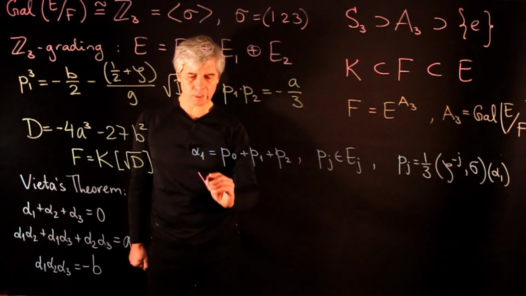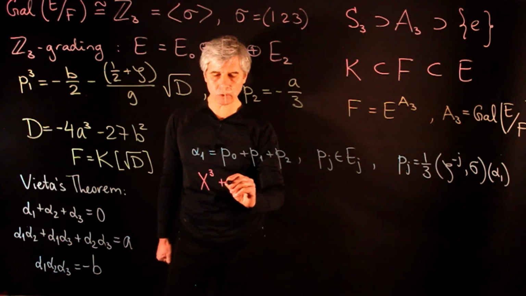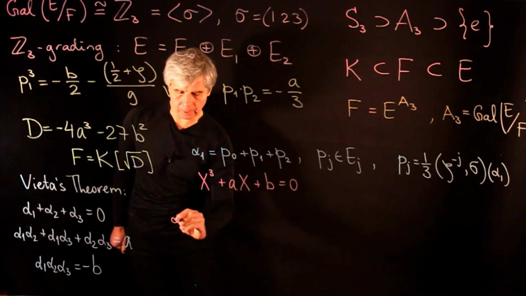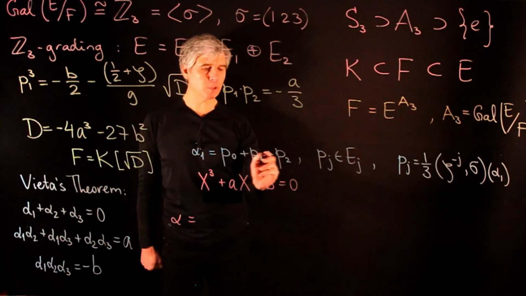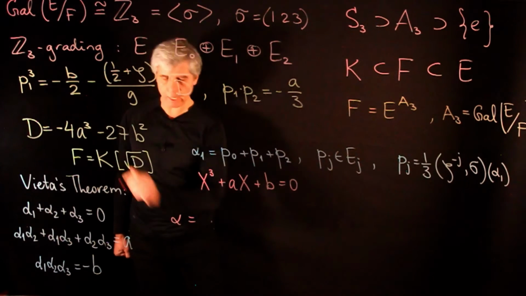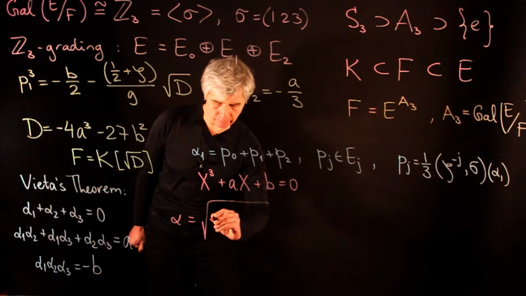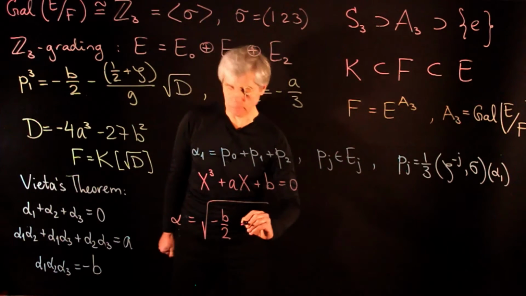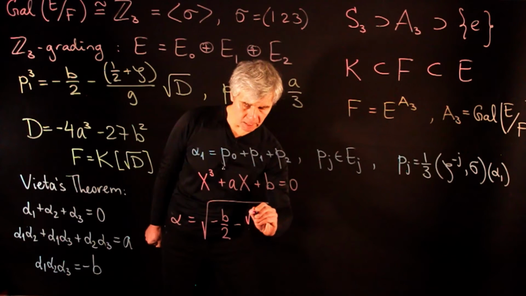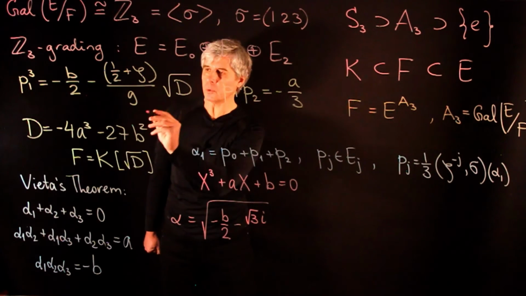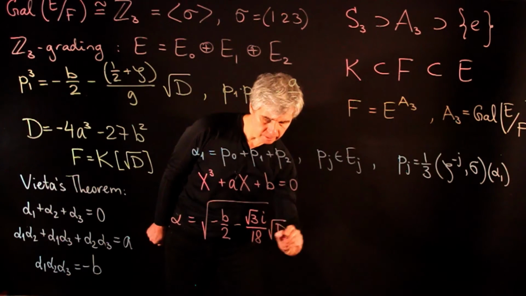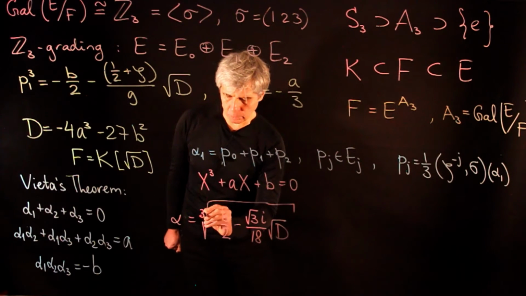Now we get the formulas for the roots of the cubic polynomial x cubed plus ax plus b equal to 0. The root alpha is equal to P0 plus P1 plus P2. P0 is equal to 0. Then P1 is the cube root of minus b over 2 minus 1/2 plus zeta, which is equal to root of 3 times I over 2, so we get root of 3 I over 18 overall times the square root of D. So this is the cube root.